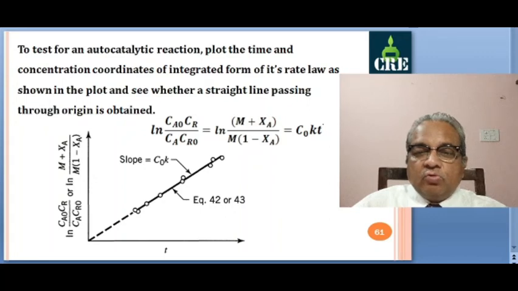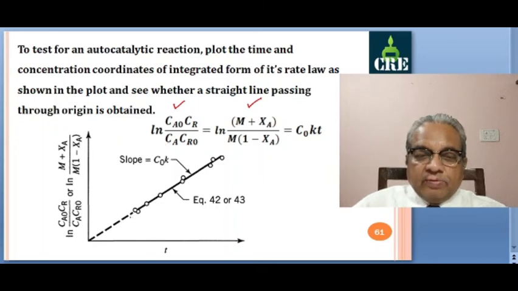So this is y equal to mx form. So a line passing through the origin, you can plot either this term or this term on the y axis: if data is available in terms of conversion you use this term, if data is available in terms of concentration versus time you use this term on the y axis.